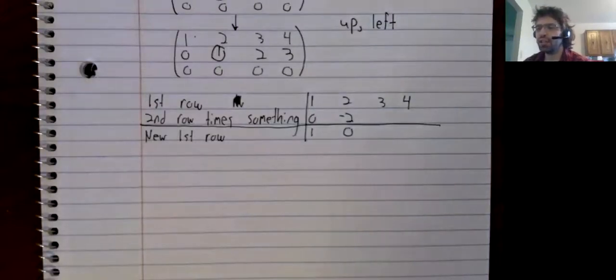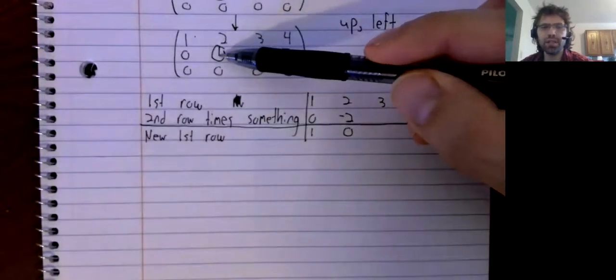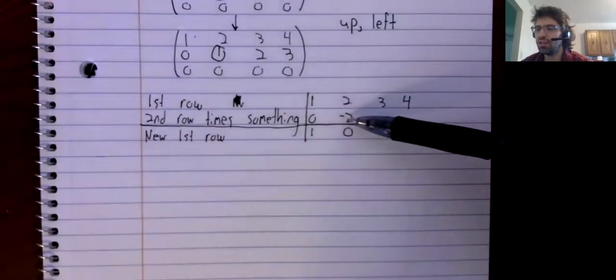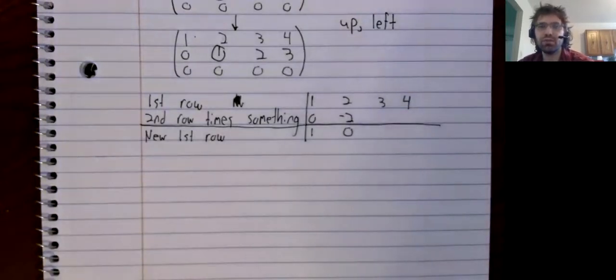In particular, we have a 1 here. To turn it into -2, we multiply it by -2, and so we need to, of course, multiply the entire row by -2 and add it to the first row.